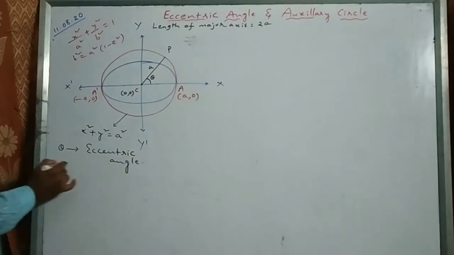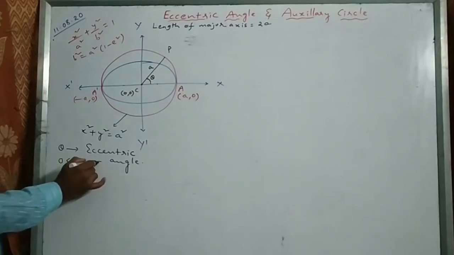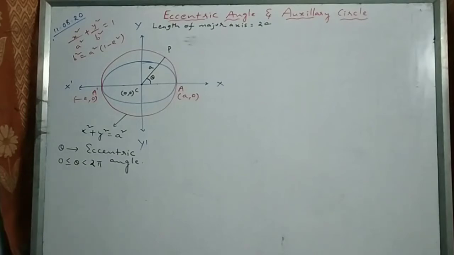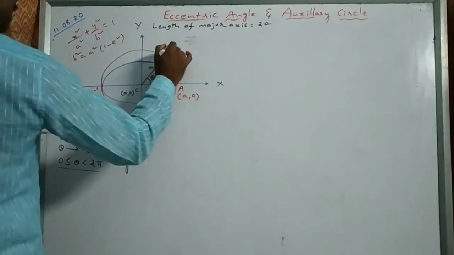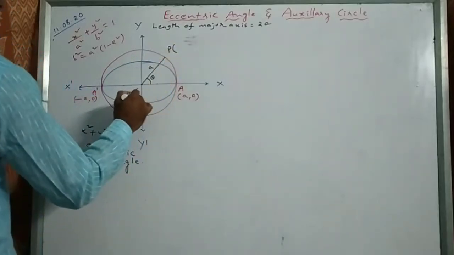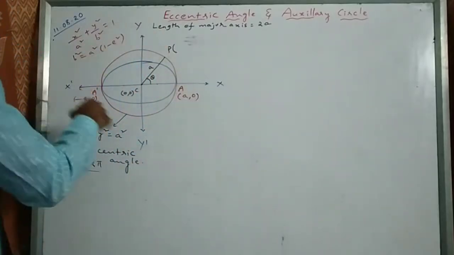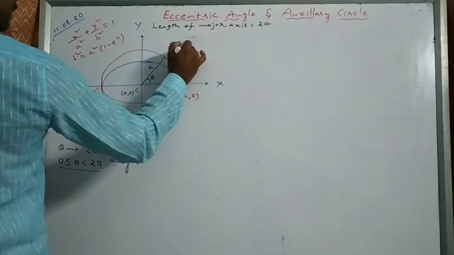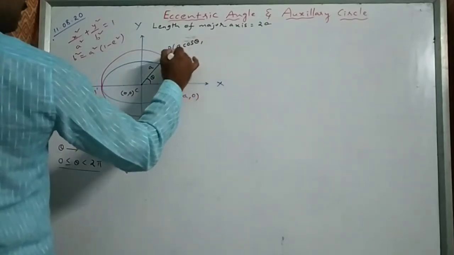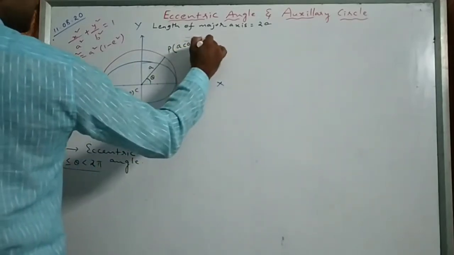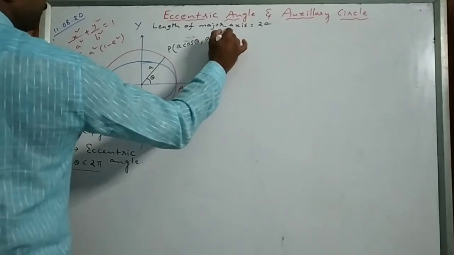This theta is always lying between 0 and 2 pi. Range of this theta is this. Okay. So then what are the coordinates of this P? Can you say? Parametric. Since it is a circle, we can write coordinates as a cos theta, radius is a, no, so a sin theta.